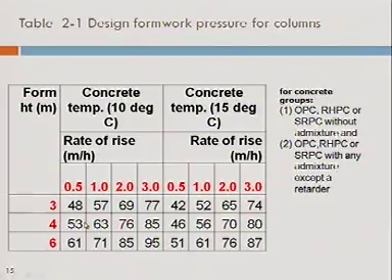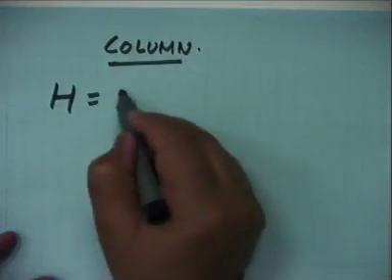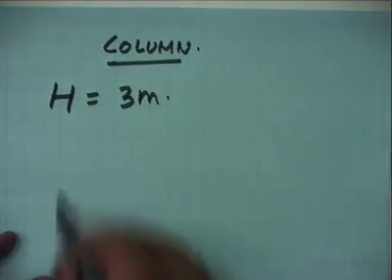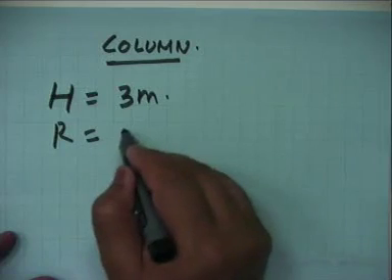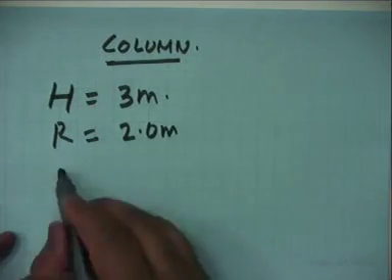So, suppose I tell you to find out the pressure for column, and you want to use a form height of, let us say, 3 meter, R value of 2.0 meter. Okay. This is what we got.